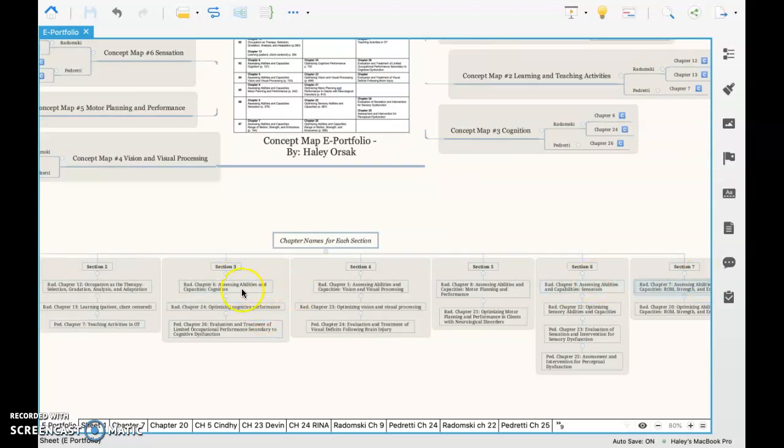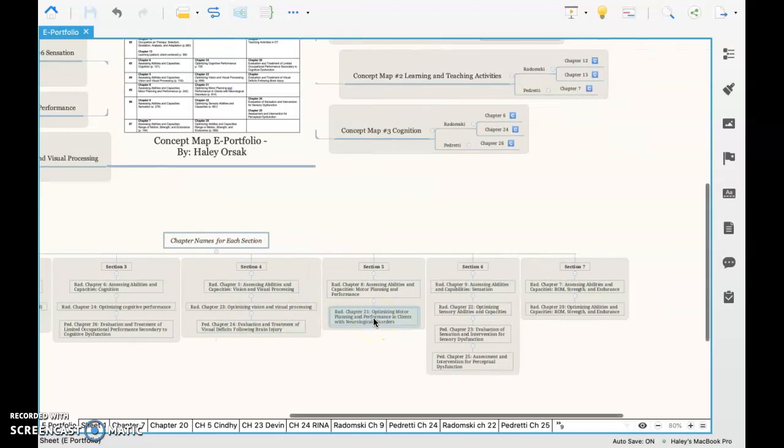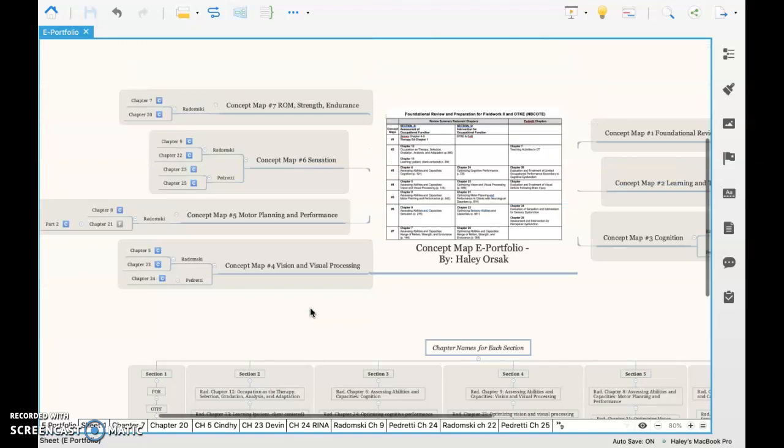Sections 3 through 7 all had the assessing abilities and capacities with the specific area or domain it was focusing on, and then the optimizing of that specific area, and then the evaluation and treatment of it. Those are all very important things that we will need to know and be able to look back into to study for a boards exam. So it's set up really well in this way to direct your mind in the right way.